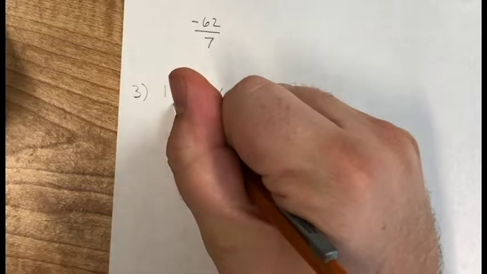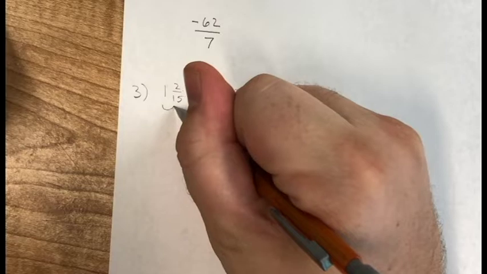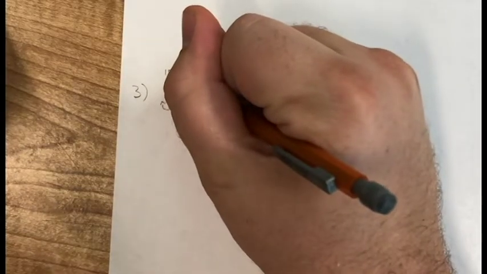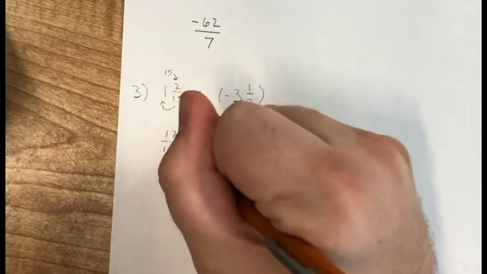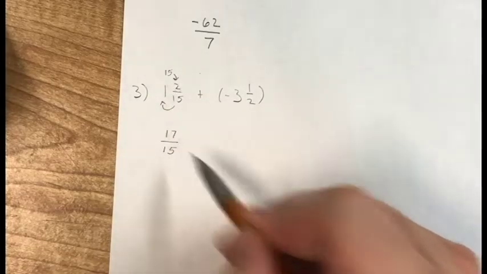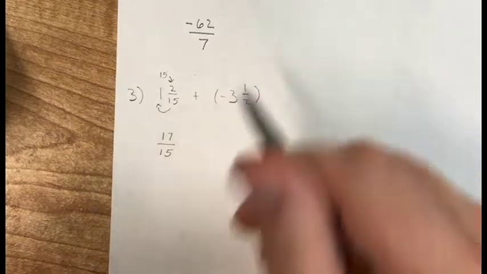I'm going to take the denominator 15 and multiply it by 1. Okay? And I get 15. And then I'm going to add it to the numerator to get 17 over 15. All right, so I have rewritten this as an improper fraction, 17 over 15. Now I'm going to do the same thing here.